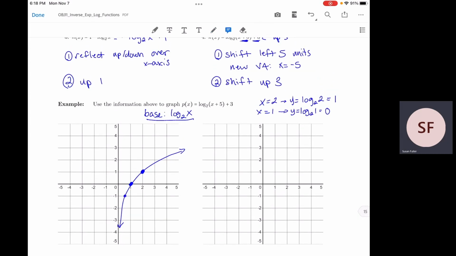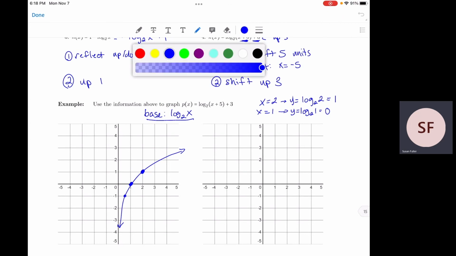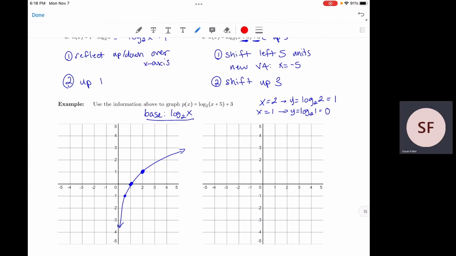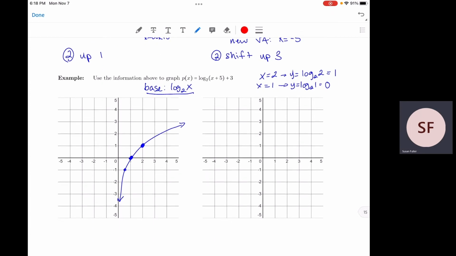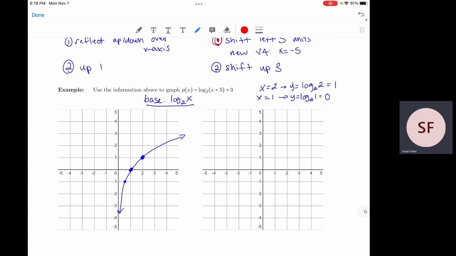So let me switch colors here. The first thing that I will do is shift this whole thing 5 units to the left. So I'm going to take each of my points here and shift them 5 units to the left. Left 5. Okay, so 1, 2, 3, 4, 5 to the left. 1, 2, 3, 4, 5 to the left.